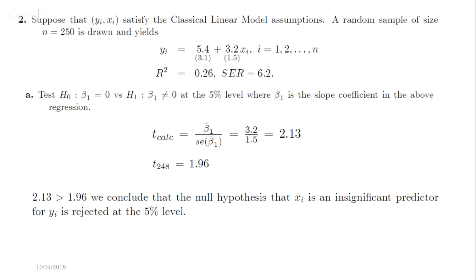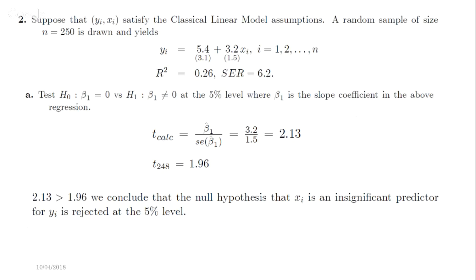Since the t statistic is larger than the critical value, the null hypothesis is rejected, and x is a significant predictor for y at 5% level.